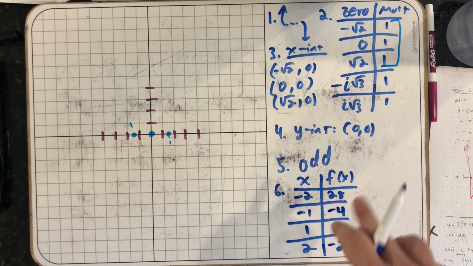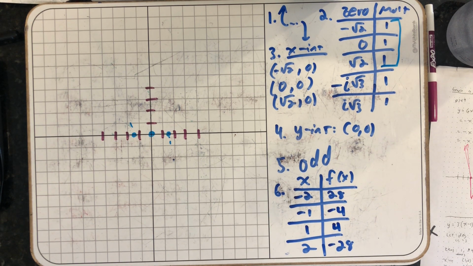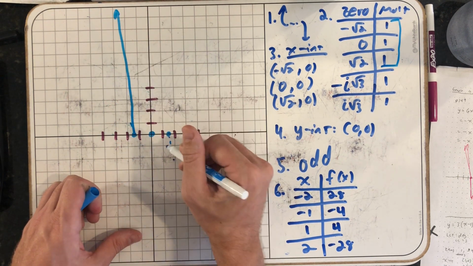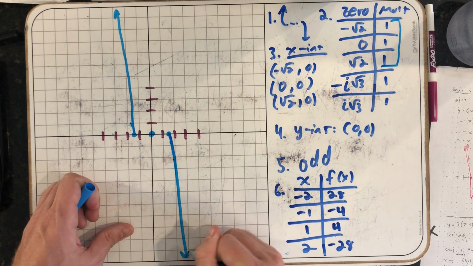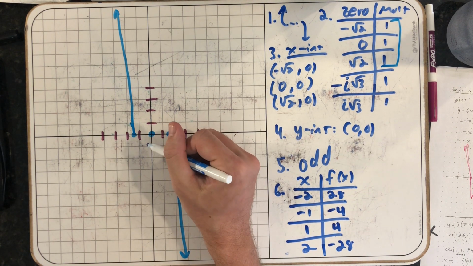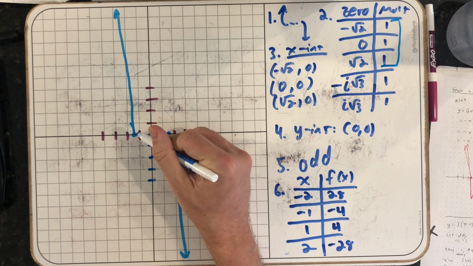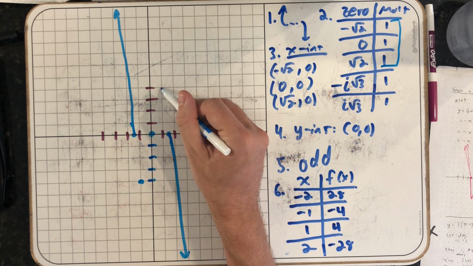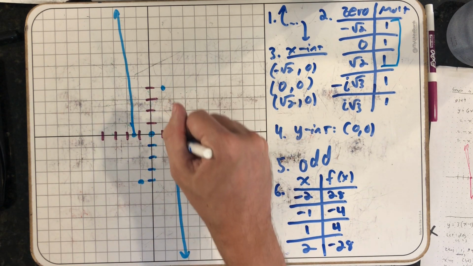Okay, so I'm not going to plot these points all the way up at 28, right? Because my board's not going to go that high, but it lets me know that this part's very steep. And so is this part. At 1 and minus 1, I can plot those points. So I know my function goes through these points.